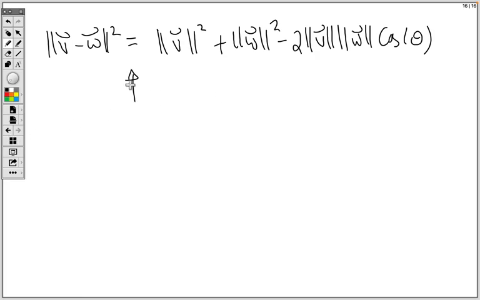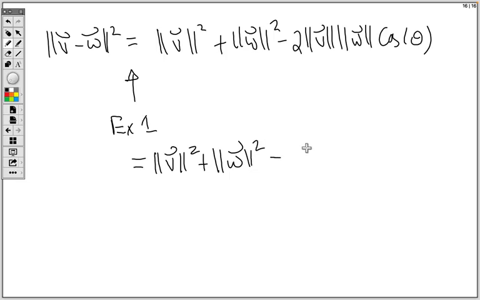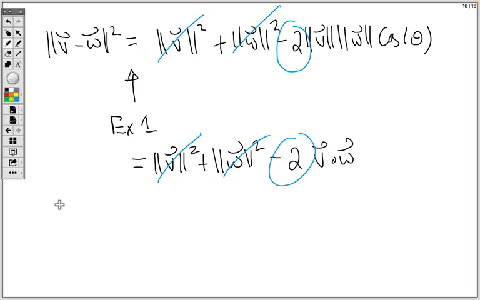Now I'm going to hit this with example 1. Example 1 says that this is also equal to the length of v squared plus the length of w squared minus 2 v dot w. And now we can see what's going to happen. These would drop out. We'd be able to divide by -2. Boom, we get our result.